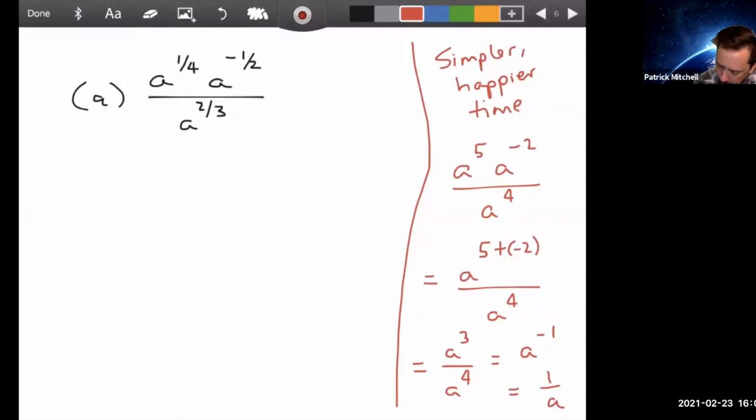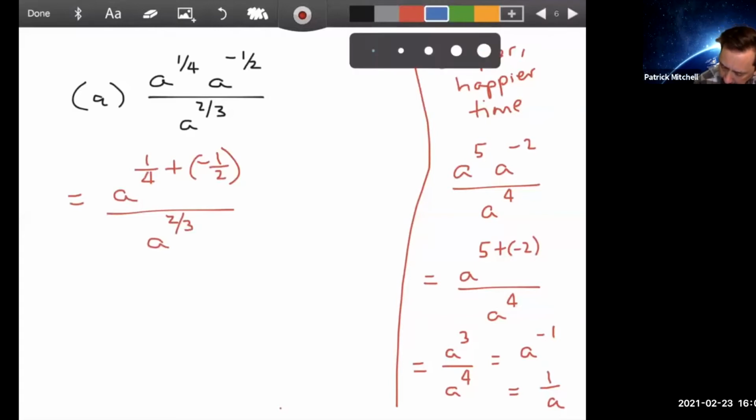So we'll start by adding the exponents on top. A to the power 1/4 plus negative 1/2. So I hate to break it to you, but you're going to be adding and subtracting fractions when you do these. 1/4 plus negative 1/2.